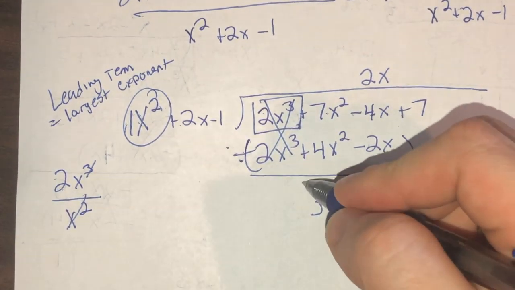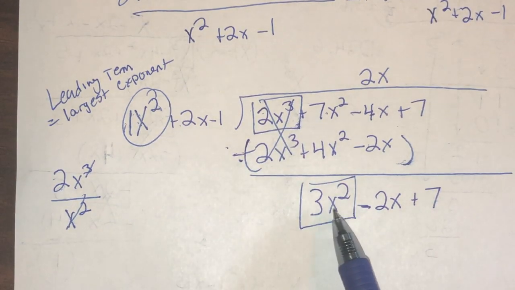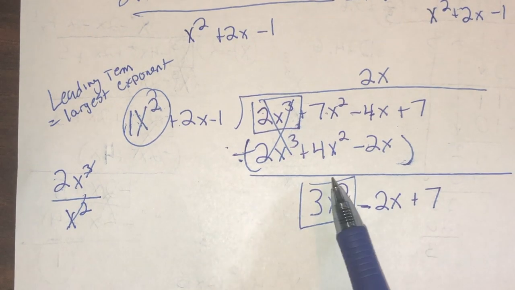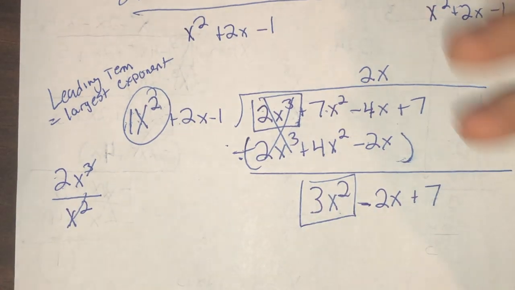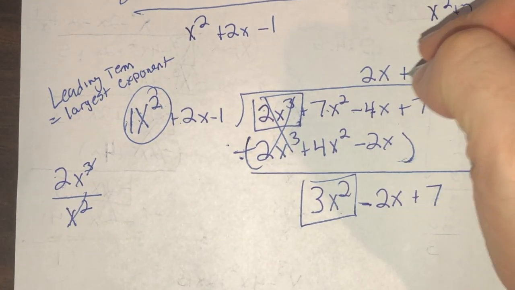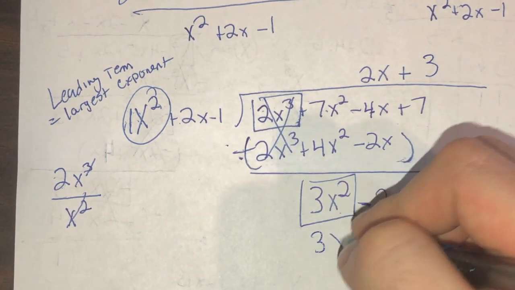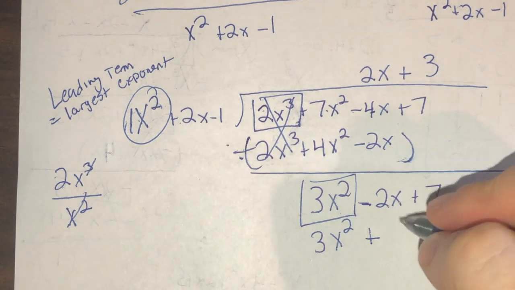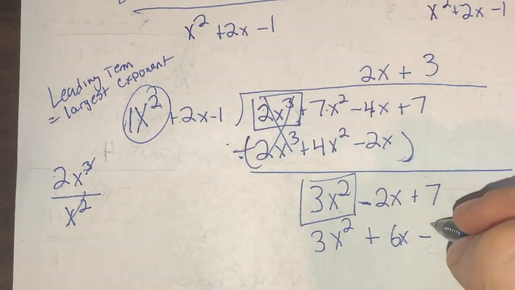Okay, now again, leading term. So what times 1x squared is 3x squared? Well, the x squareds are the same, so it doesn't have anything to do with the x squareds. It's just going to be 3. And in this case, it's a positive 3. And I come through, 3x squared, okay, plus 6x minus 3.